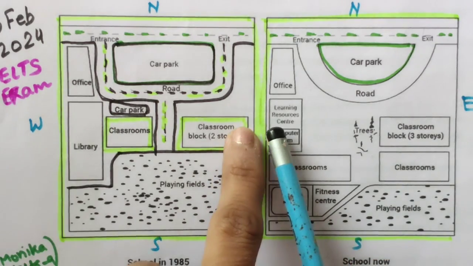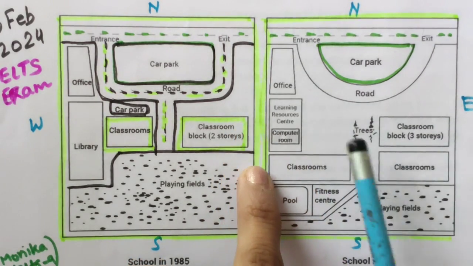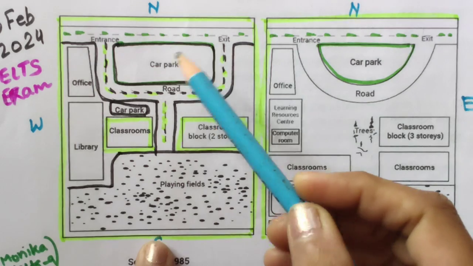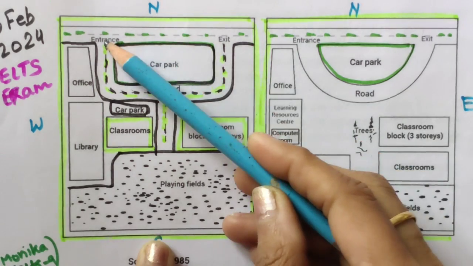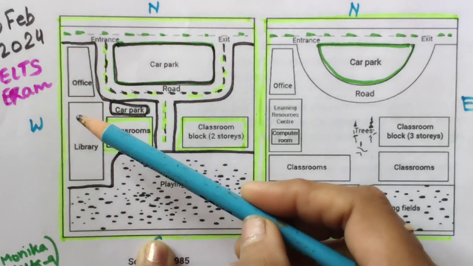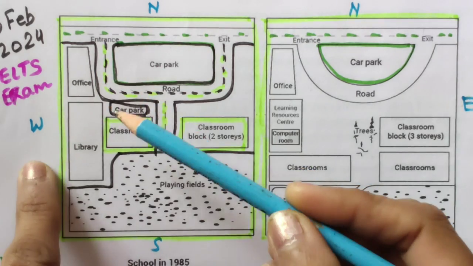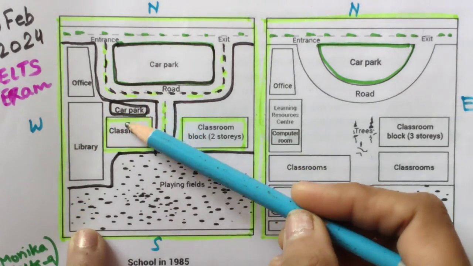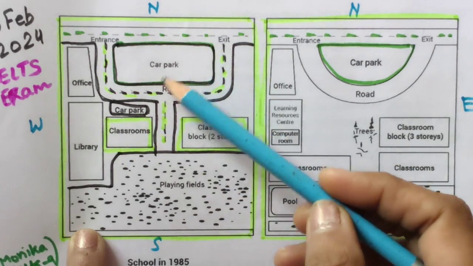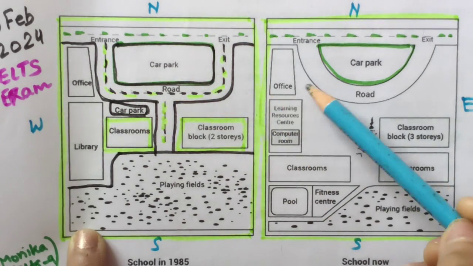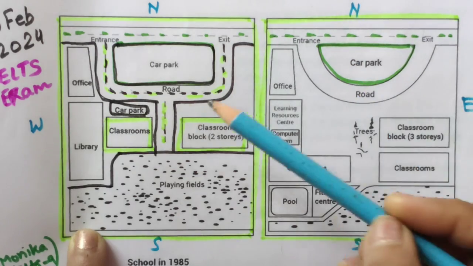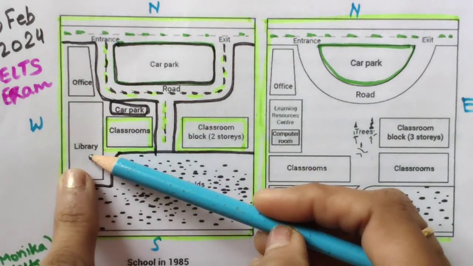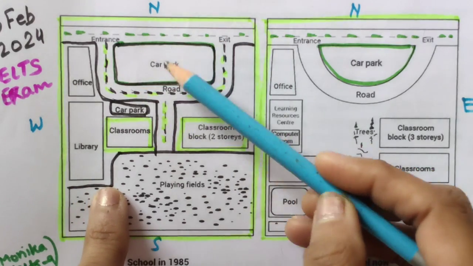Towards north, the exit and entrance gates are there, the car park is also there, and the office is also there. Towards west you can see these things, this car park. There are two car parks, and in the new one only one car park is there. Towards the western side you can see the office and library, and towards north these two gates and the car park.